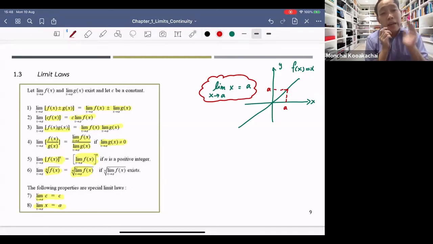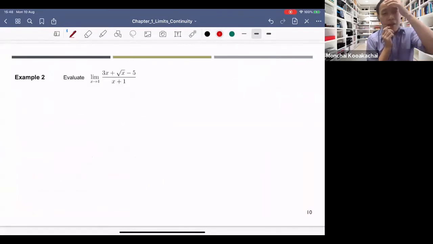All right, so let's look at the real example. I told you this lecture is going to be easy for today, so just stay with me. All right, example 2. I want you to evaluate this limit. I have the limit of (3x plus square root of x minus 5) over (x plus 1) when x goes to 4.